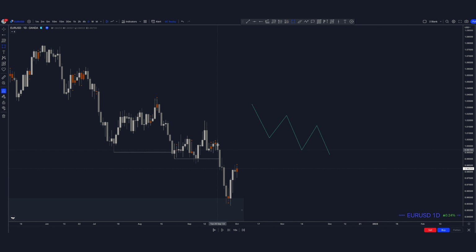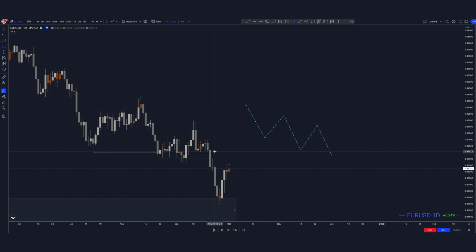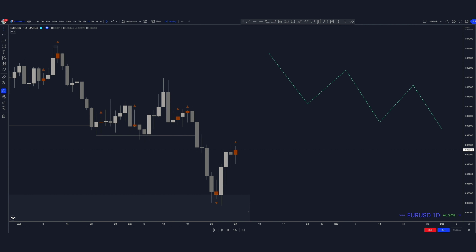So when you're marking, remember that the push came from this zone here, this area, correct? But remember that the next candle, where the push was, you see the push from here. So this candle, let me zoom in a little more. The next candle has to break below the previous candle, which would be this.